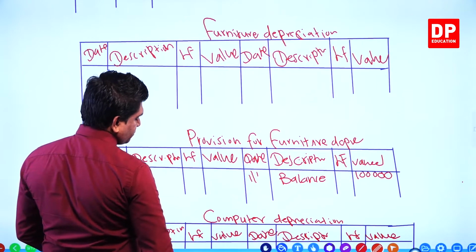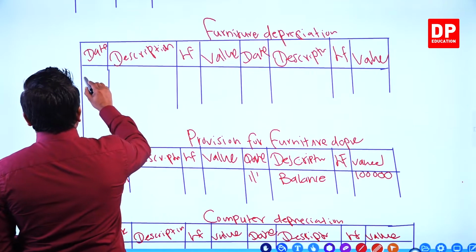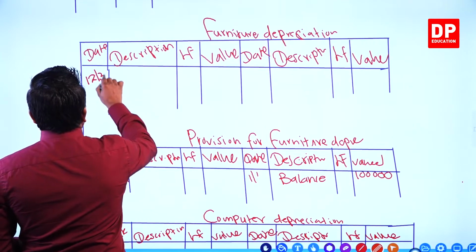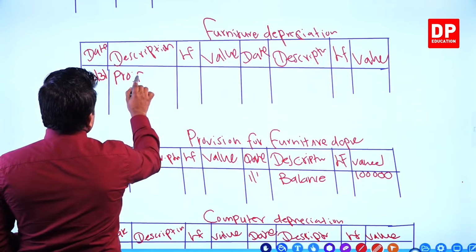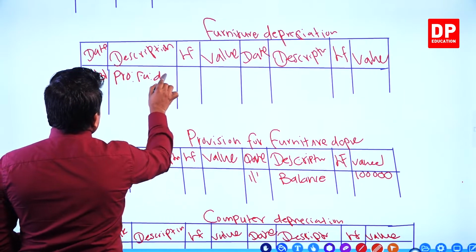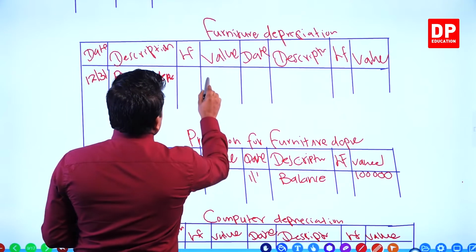Thirty-first of December, 12/31. Provision for furniture depreciation. I use short words here to manage the space, right? 50,000.